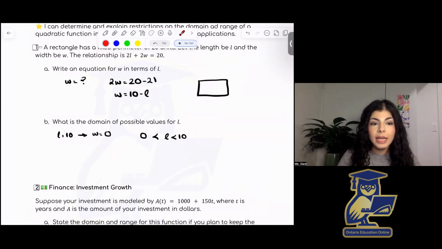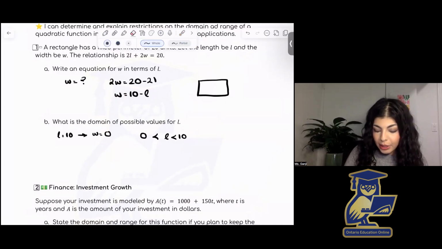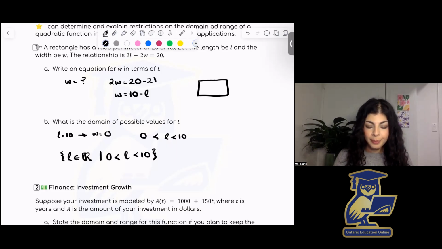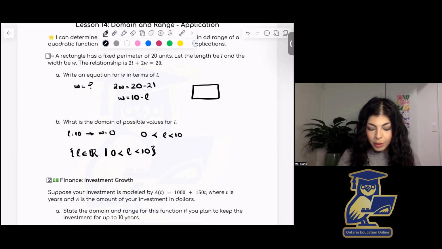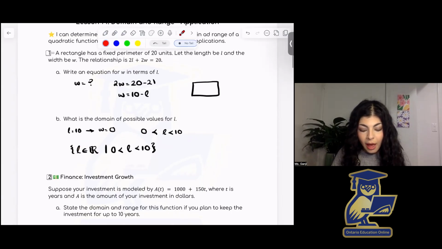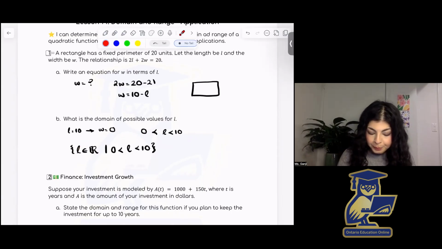In other words, I'm just asking you the possible values for L, but in set notation. So we would just write it as L belonging to the set of real numbers with our restriction that L is between 0 and 10. And that would be the correct answer. So please remember, don't leave it just there. We want that set notation to tell me that L can be in the set of real numbers as well.